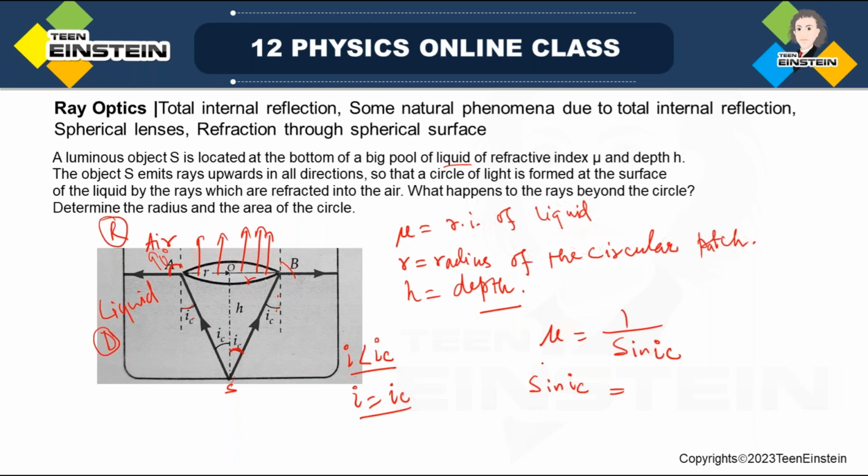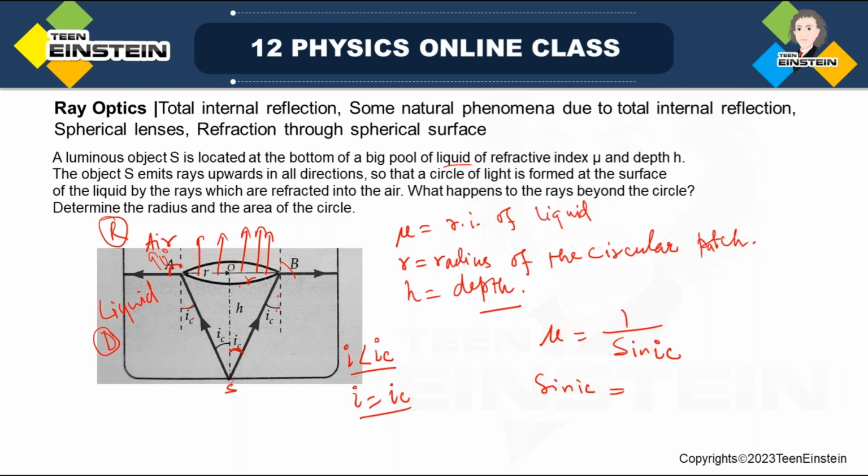Better to find out tan IC instead of finding sine IC, because we don't know this. In fact, sine IC also we could find out. Let us find out sine IC.